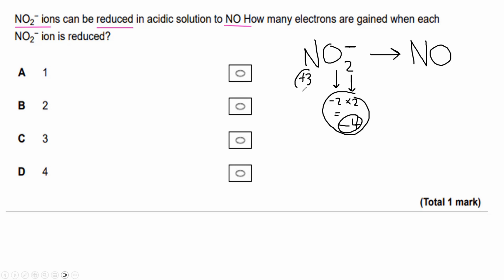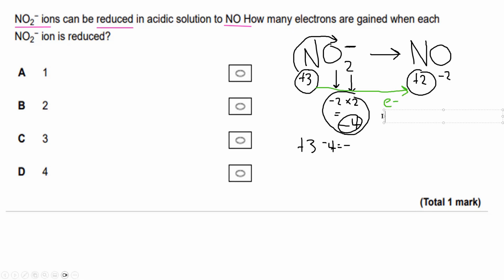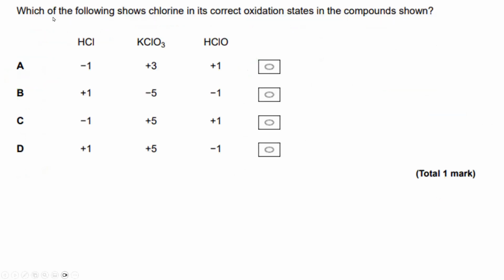So there's a total of -4 in this NO2 minus ion, which means that the nitrogen atom must have an oxidation state of +3 because +3 -4 equals minus 1 overall. When it becomes NO, we can see that the oxygen will still be -2. The nitrogen must now be +2. So how many electrons has it gained if it's gone from +3, the nitrogen, to +2? It's gained 1 electron. So the answer was A.